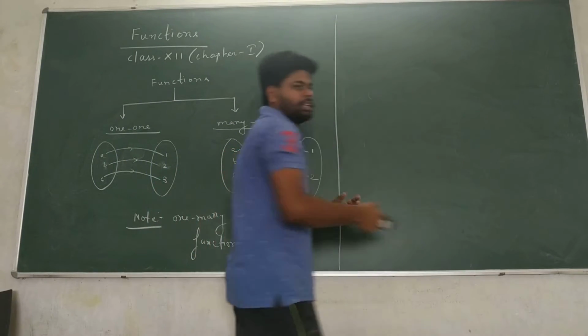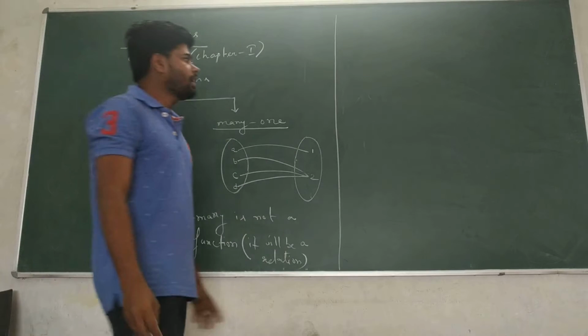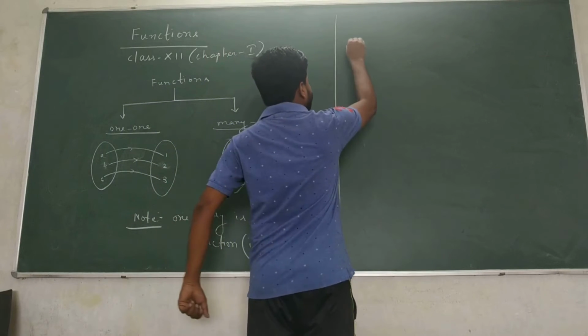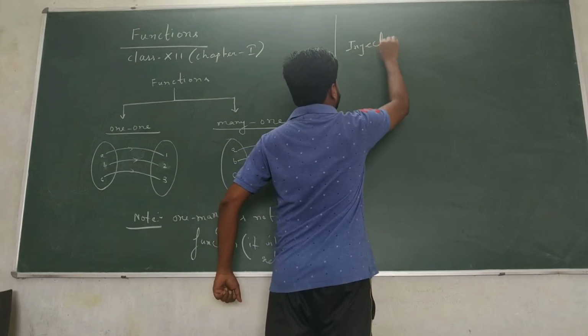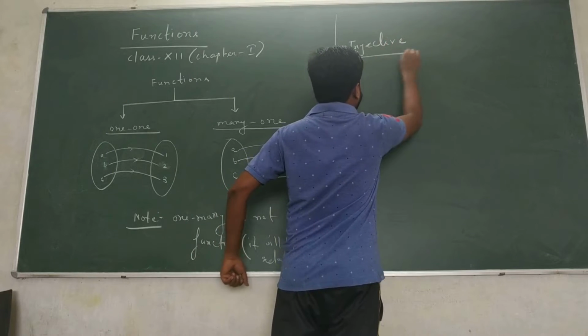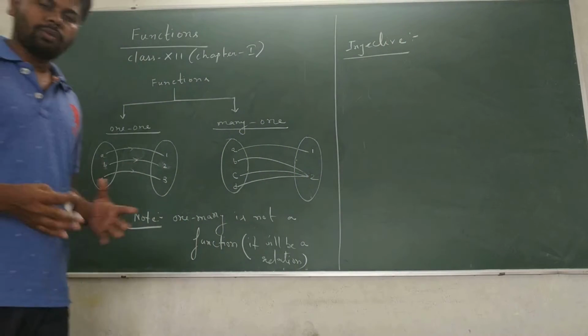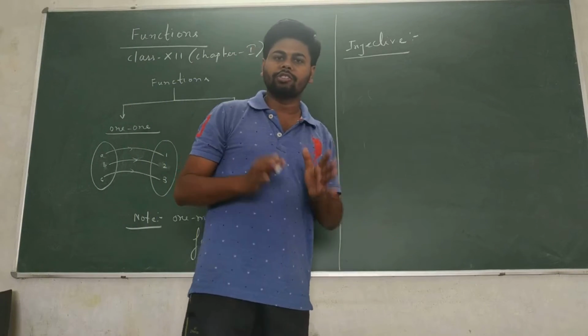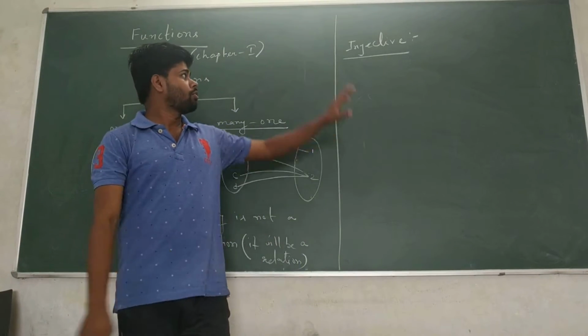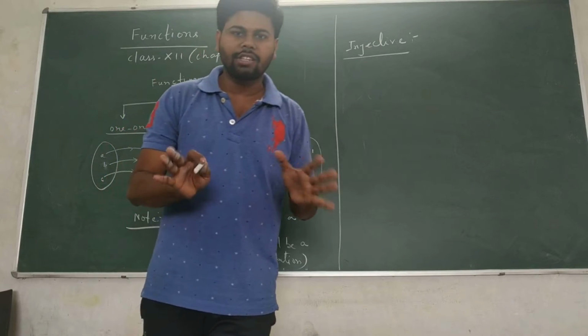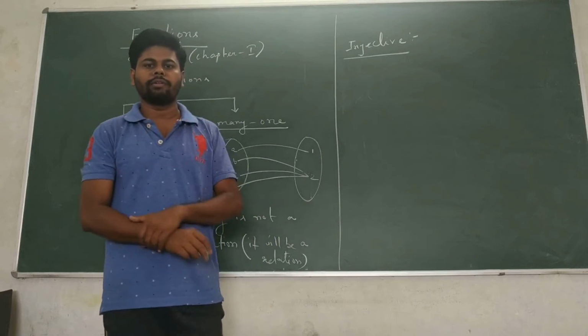Now let us proceed toward the next thing, that is, what are injective functions. Injective property, injective function. When we talk about class 12, this is the most important and conceptual topic. Injective and surjective, these two things we are going to study today.